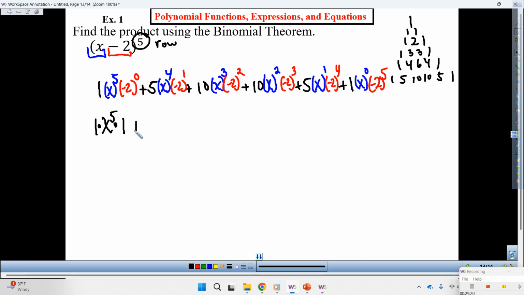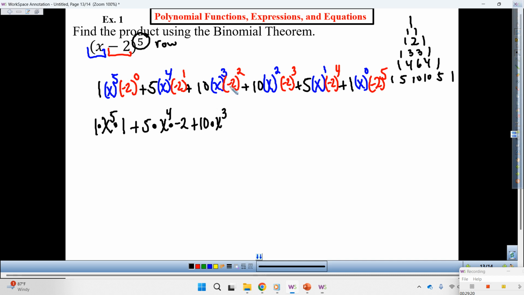Plus 5 times, what is x to the 4th? X to the 4th. What is negative 2 to the 1 power? Negative 2, is that correct? All right. Plus 10 times x to the 3rd.